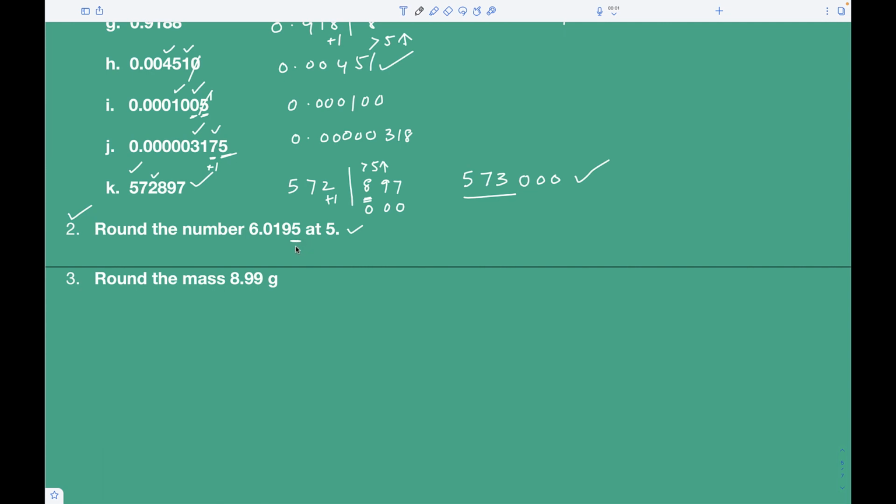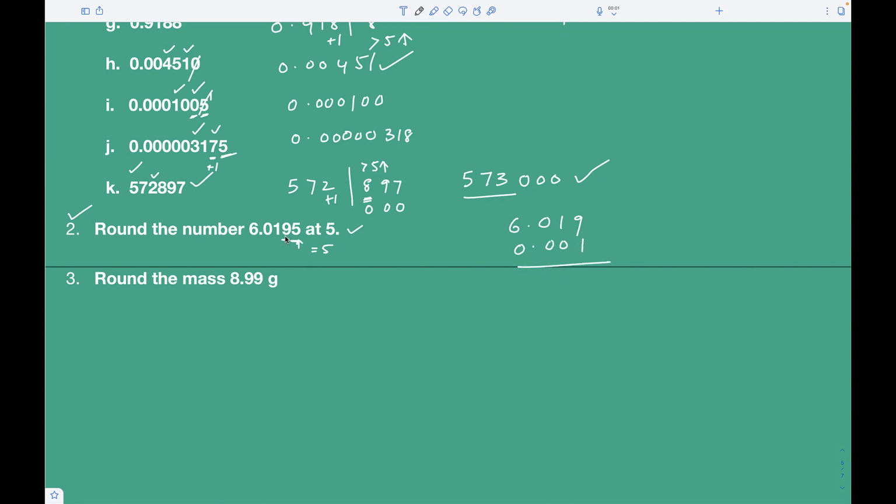Now the only digit that we have to get rid of in this case is a 5, and if it is equal to 5, whether to round up or down depends on the last digit that we are keeping. And here it is a 9, an odd number, so you have to round up. So that is, to this number 6.019 we have to add 0.001, right?